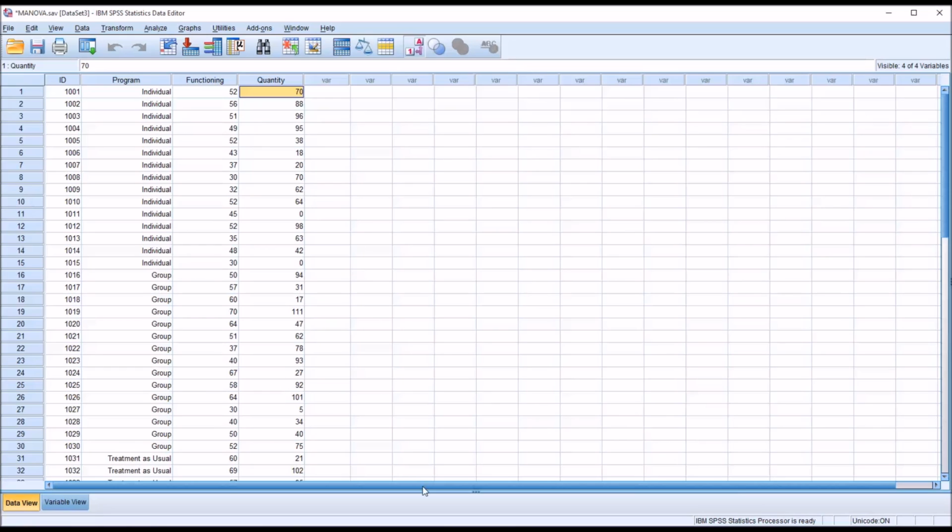So what a MANOVA does is it creates a linear combination of these two dependent variables, although you can have more than two. And it tests to see if there are any differences across the levels of the independent variable on that linear combination of the two dependent variables.